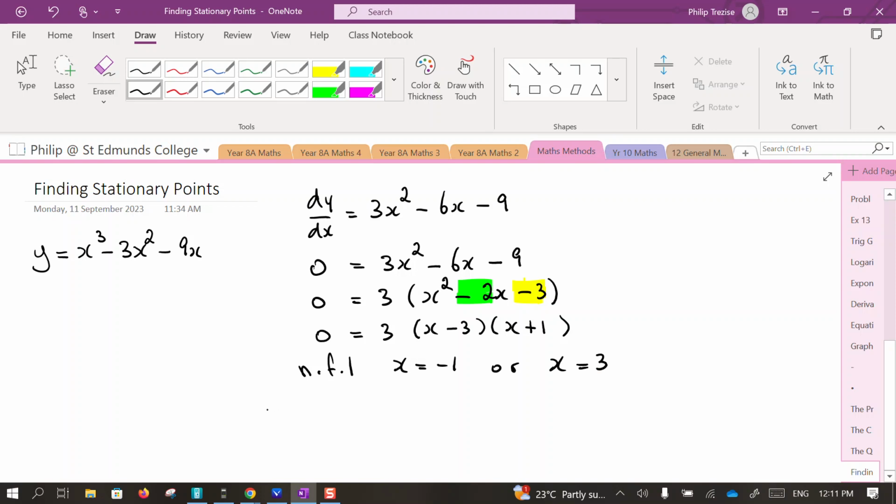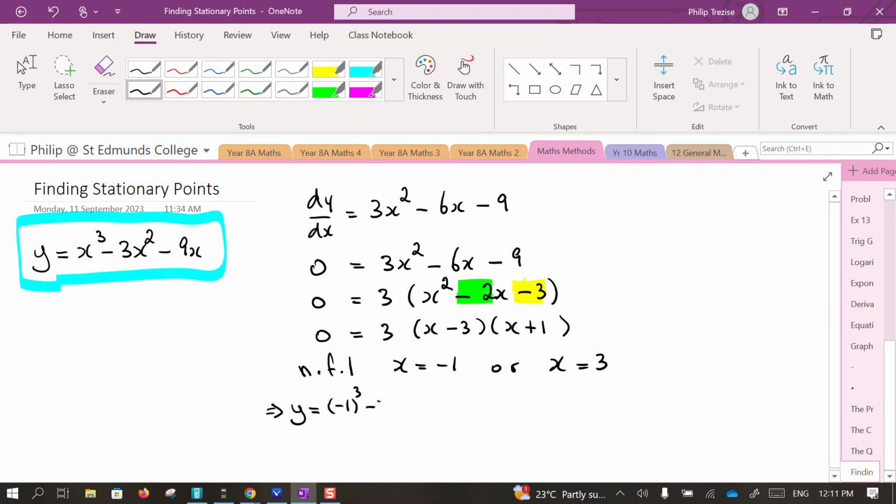So what does this imply? Well, if we substitute negative 1 into the original function, remember, the original function is this one back over here. That's the one that's actually going to be drawing our sketch or our graph. Minus 3 times negative 1 squared minus 9 by negative 1.